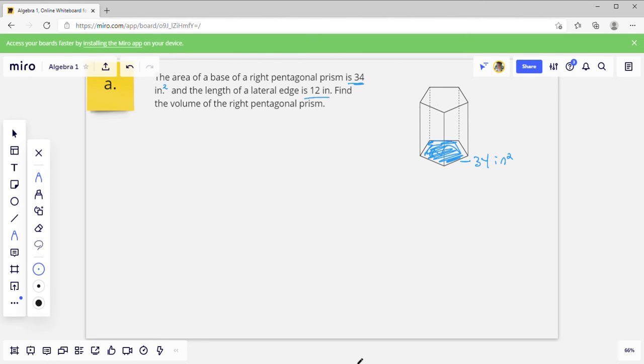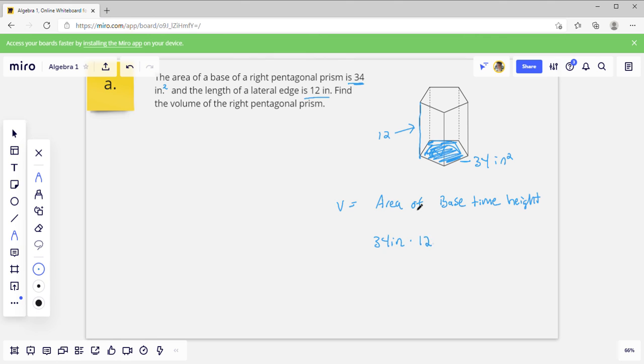And the lateral edge, that means from here to there, the height basically, is 12. So we need the area of the base times height to find the volume.